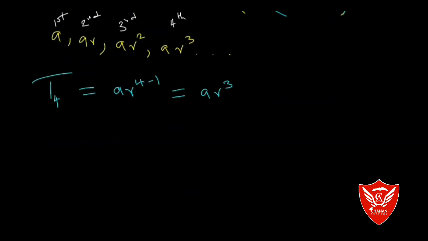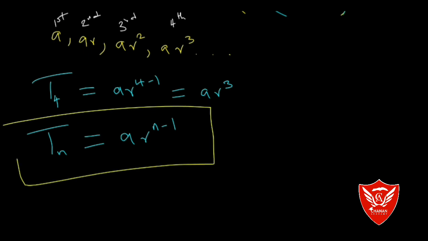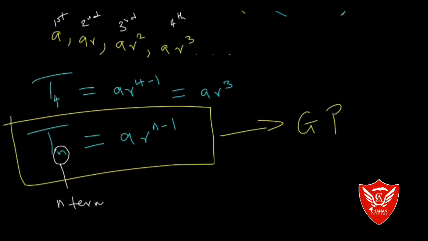Therefore, if we want to find the nth term, it can be written as AR raised to the power of n minus 1. So this is the formula for a GP, geometric progression, where T n is the nth term, A is the first term, and R is the ratio.